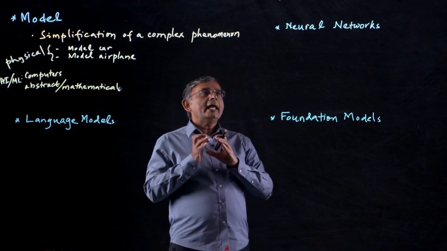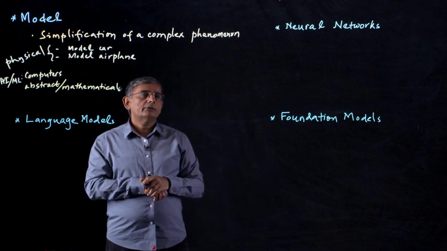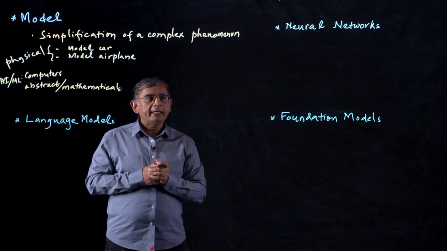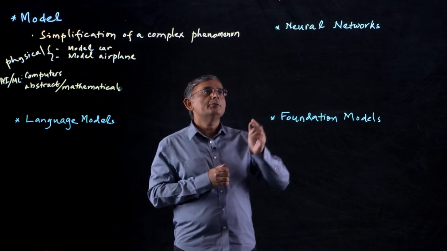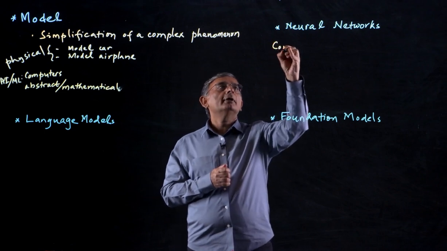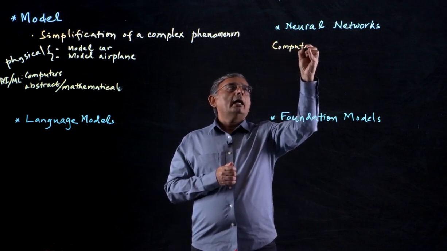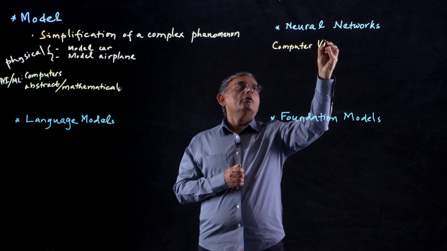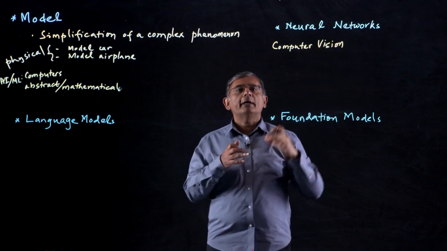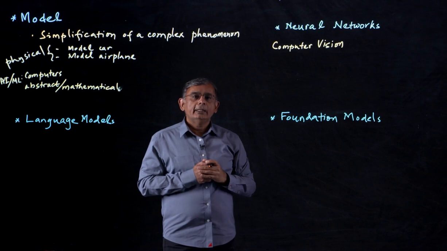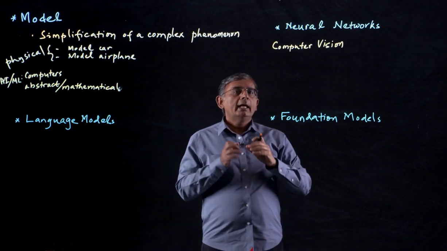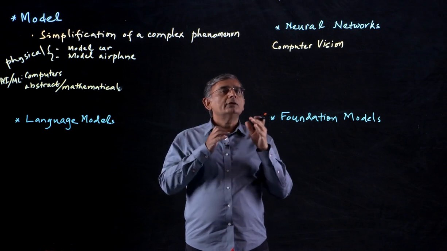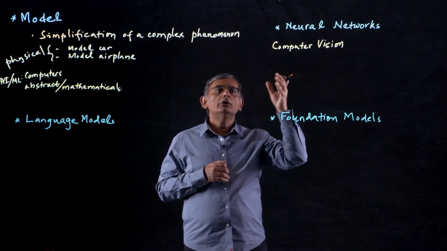What we then start to think about, in fact, over the last 5 or 8 years, is this field of computer vision. So a very popular application area for AI has been computer vision, where we are doing things like image classification or object detection and things of that nature. And the type of models that are used are called neural networks.